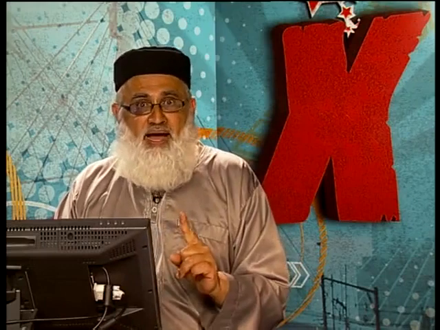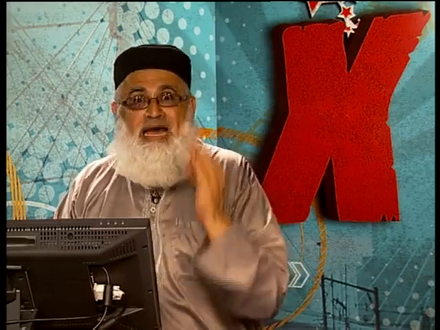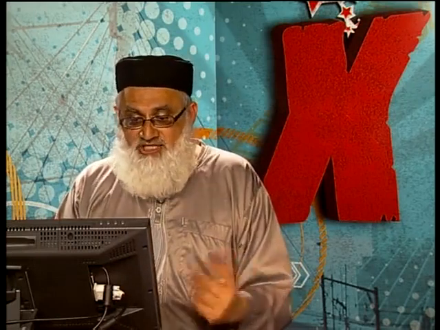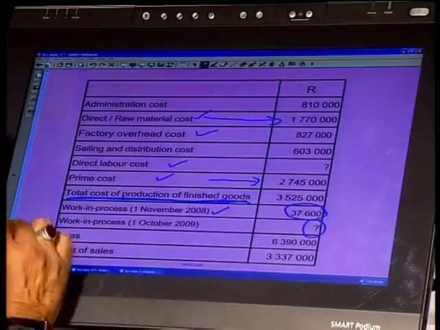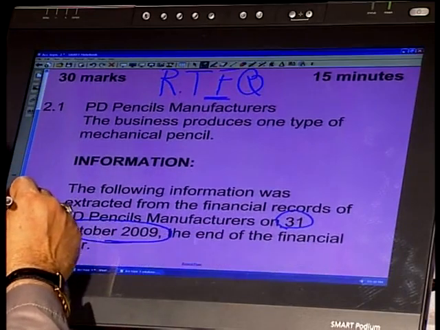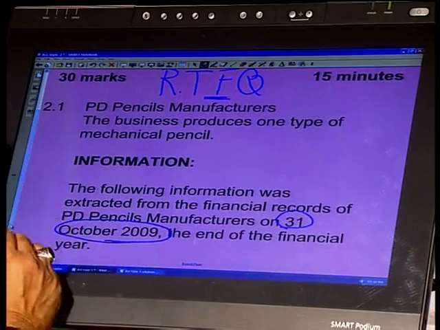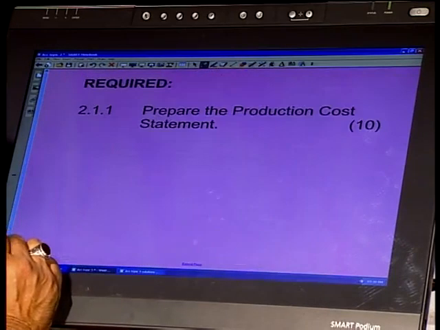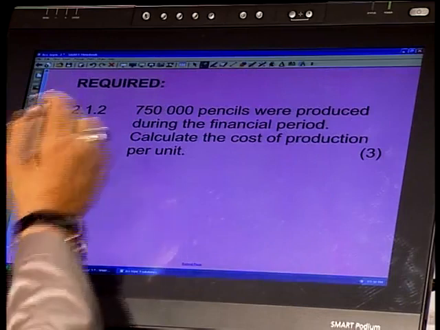You're taking the total cost. What did it cost you to produce all the units? It cost you 3,525,000. Next thing, what do you divide it by? You divide it by the number of units manufactured. Do you know how many units you've manufactured? Let's go and see. Do we know that? Let's check the question.